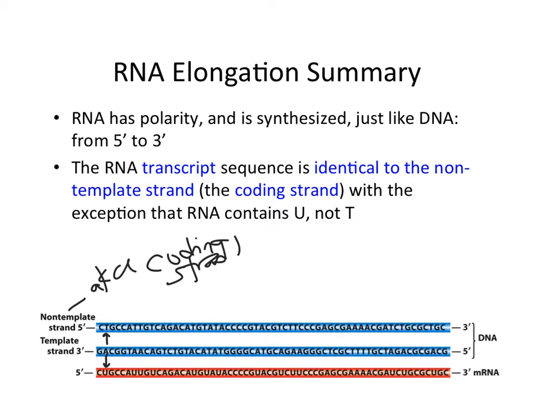So what does that mean about the RNA molecule and the coding strand? Their sequences are the same. If the template strand base pairs with the mRNA and the template strand base pairs with the coding strand, then by definition, the coding strand and the messenger RNA sequences are going to be identical.